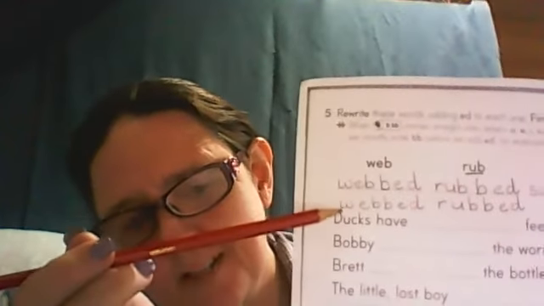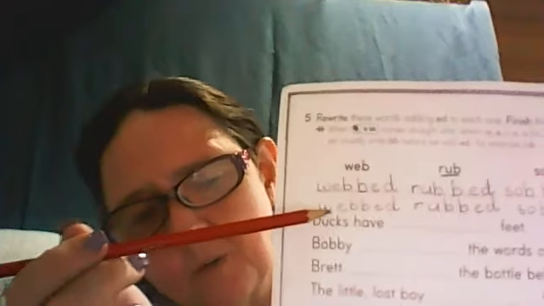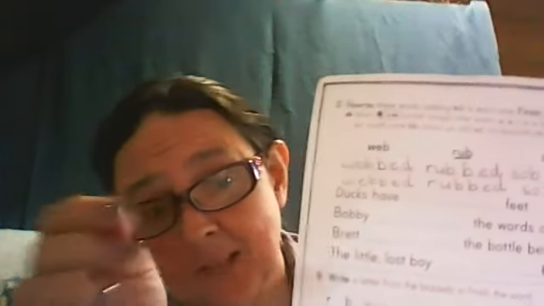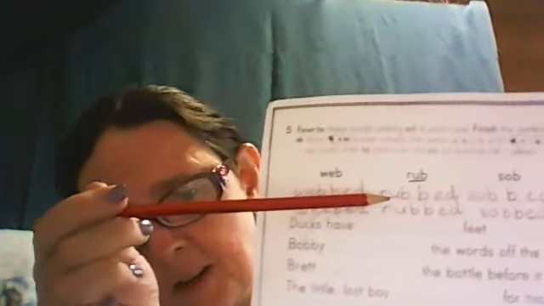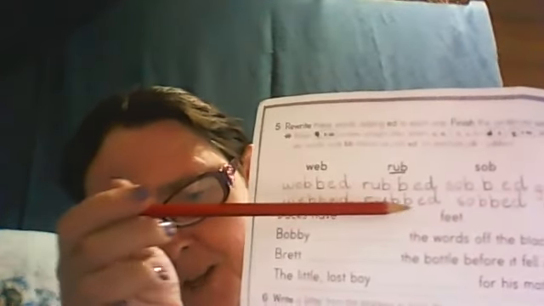We wrote, well, the word web was already there, and then we wrote webbed, and then we wrote it a little bit better because we didn't have any spaces in the middle. We wrote webbed, and that's like the webbed feet that a duck might have, right? And this one is rubbed. So it was the word rub, and we wrote rubbed. And then we wrote it again with no spaces. We wrote rubbed, like he rubbed his tummy.